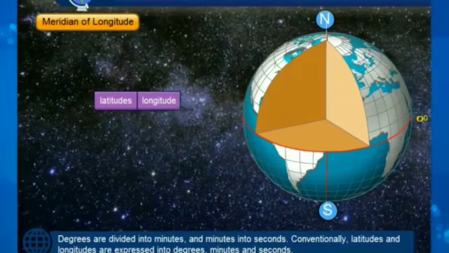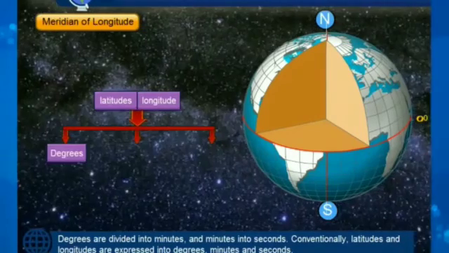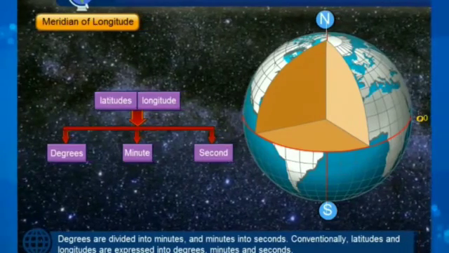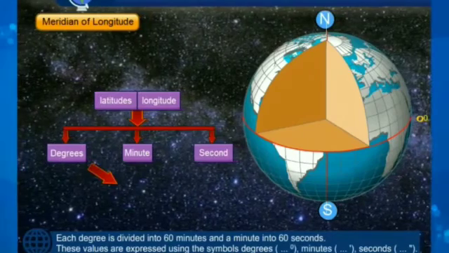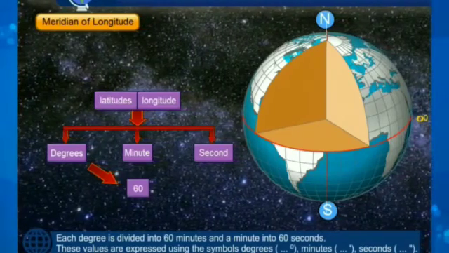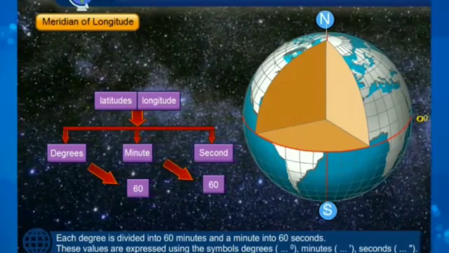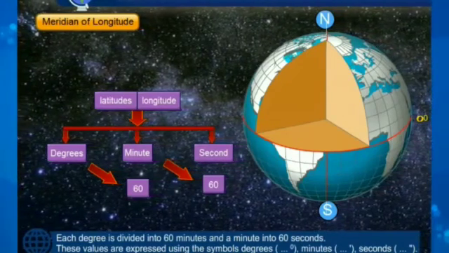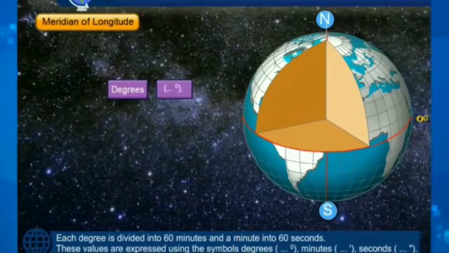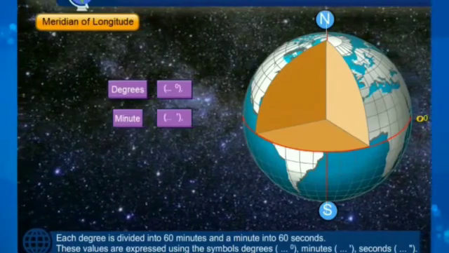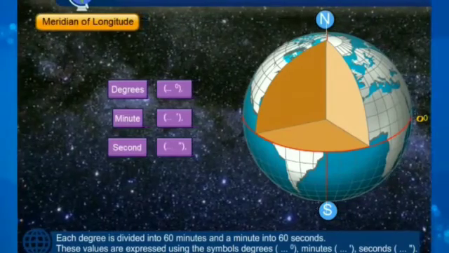Conventionally, latitudes and longitudes are expressed in degrees, minutes, and seconds. Each degree is divided into 60 minutes and a minute into 60 seconds. These values are expressed using the symbols degrees, minutes, seconds.